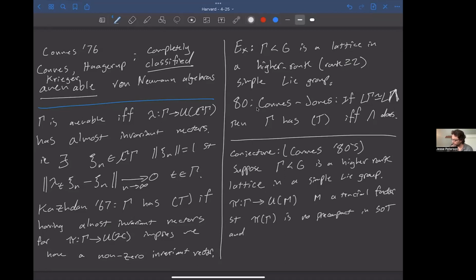And we'll assume that the range generates the von Neumann algebra. Otherwise, we could look in a von Neumann subalgebra. So then the conclusion is that pi should extend to an isomorphism of the von Neumann algebras.